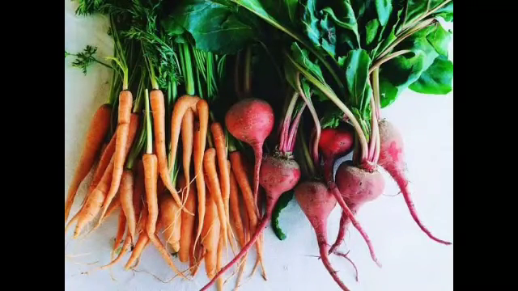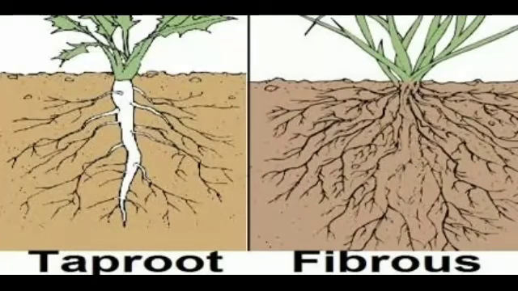Do you have any doubt up to this, children? Now let's see the difference between the taproot and the fibrous root. The first difference is that a taproot has a thick main root that goes deep into the soil. As I said before, there will be a deep thick root. If you take a fibrous root, there will be no thick root at all.